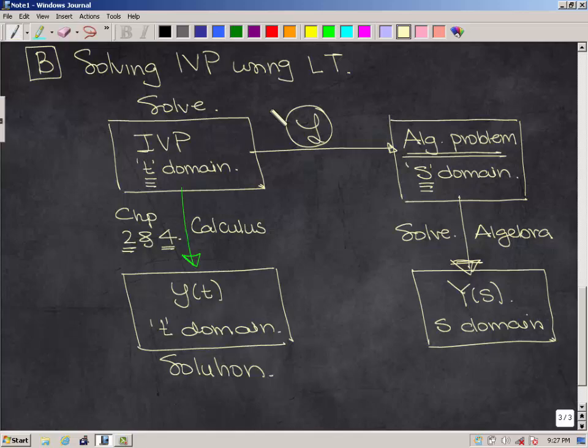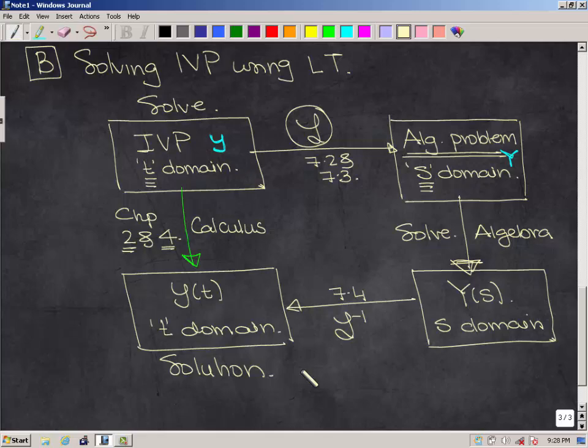Keep in mind, we start with little y, and when we transform it, we work with big Y. So we're going to isolate big Y, and then we're going to change it back to little y using inverse Laplace transforms, which is what you did in section 7.4. So this is basically 7.4, and this is 7.2 and 7.3 going this way. That's what we are doing.